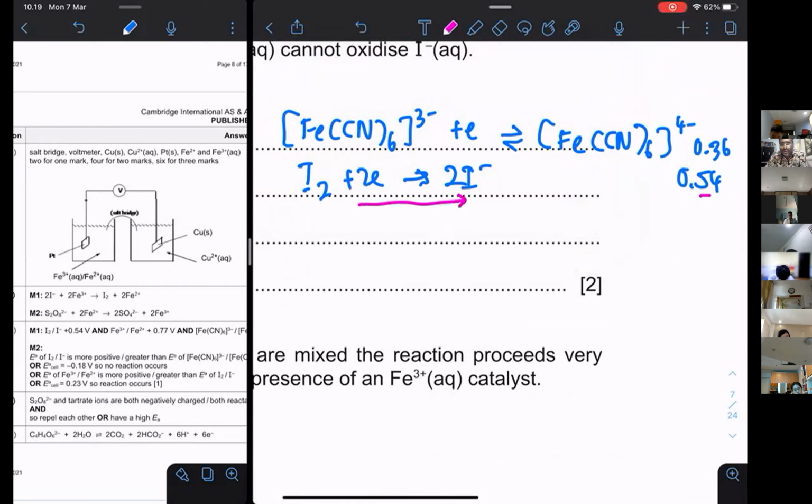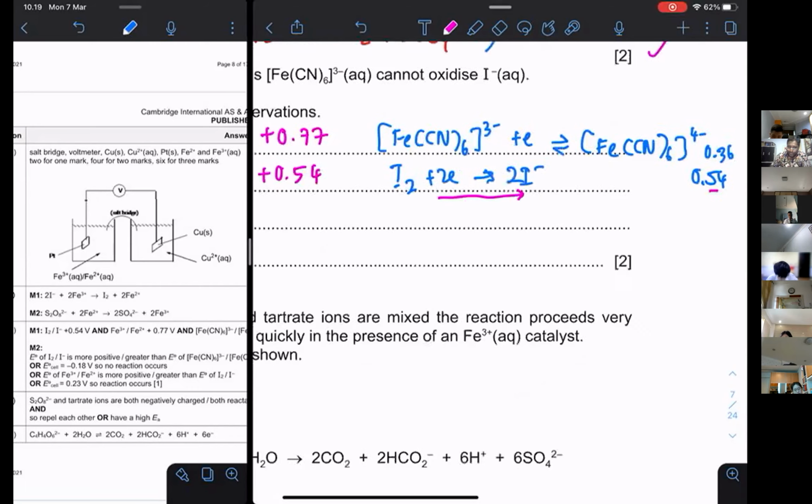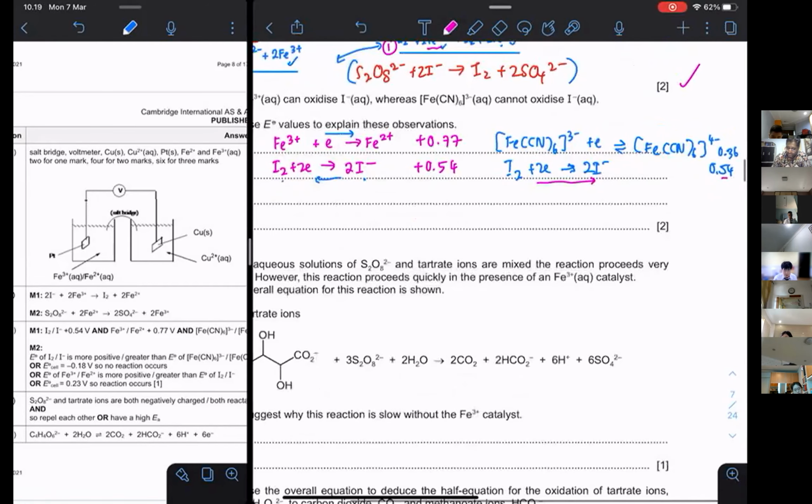But your aim is to change I- to become I2. So it is not possible, and you need to explain why. What will actually happen is that this compound will change I2 to become I-, not I- to I2.